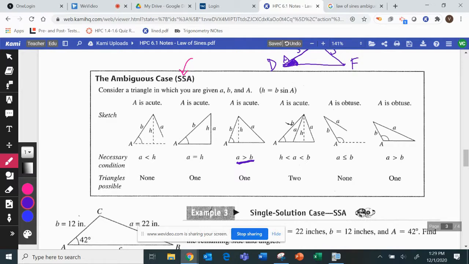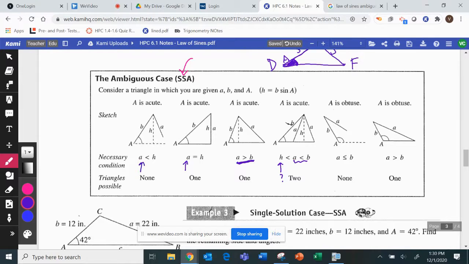It can only happen that way once. If side A is less than side B, we have to find the height of the triangle to determine if there are 2 triangles, 1 triangle, or no triangles.